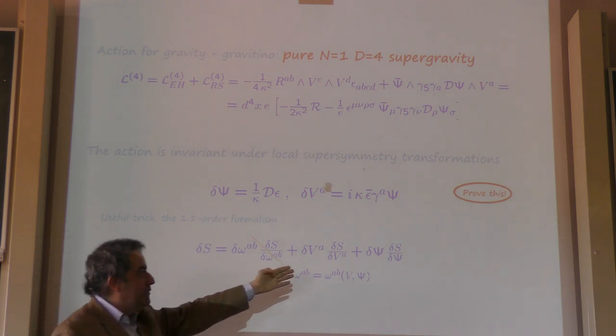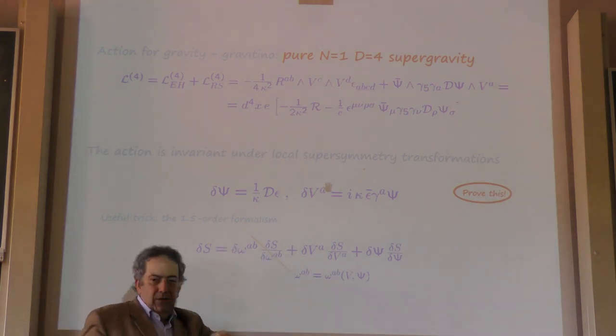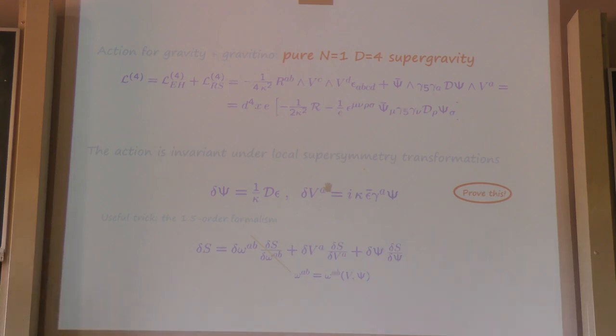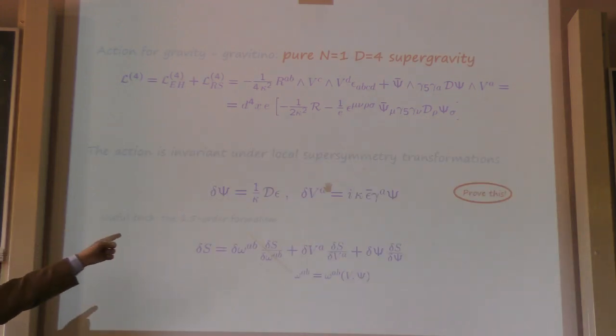Just vary S with respect to psi and V, and use for the connection the solution of the supertorsion equation. So this is something in between the second order and first order formalisms. I suggest you perform this calculation and check that it is invariant. If you want, we can work it out later together. It's not so difficult.